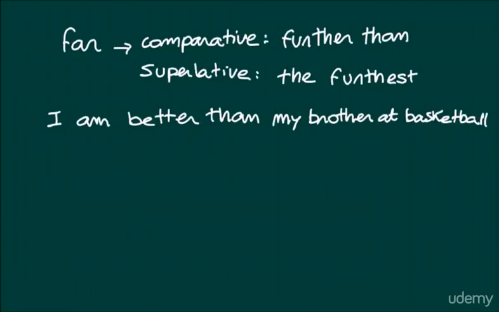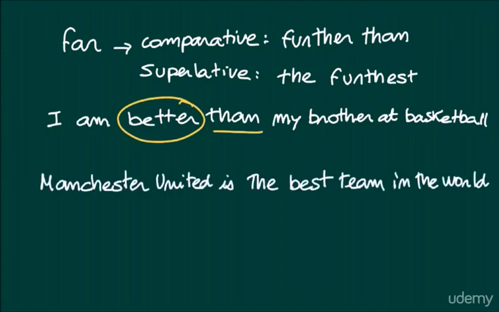When the adjective is far, the comparative is further than, and the superlative is the furthest. Look at the examples. I am better than my brother at basketball. Manchester United is the best team in the world.